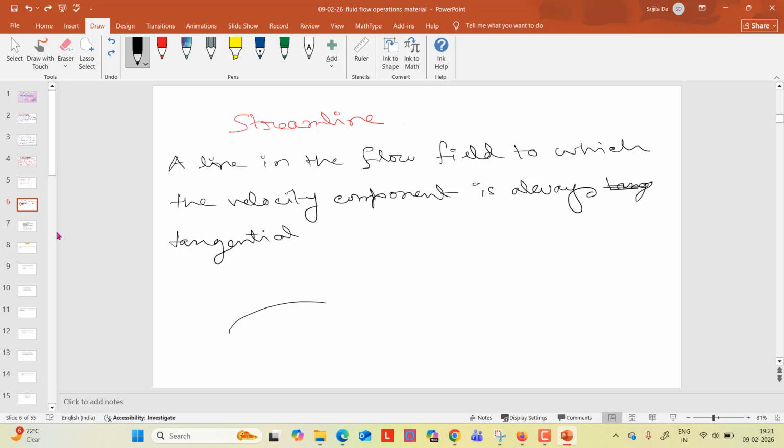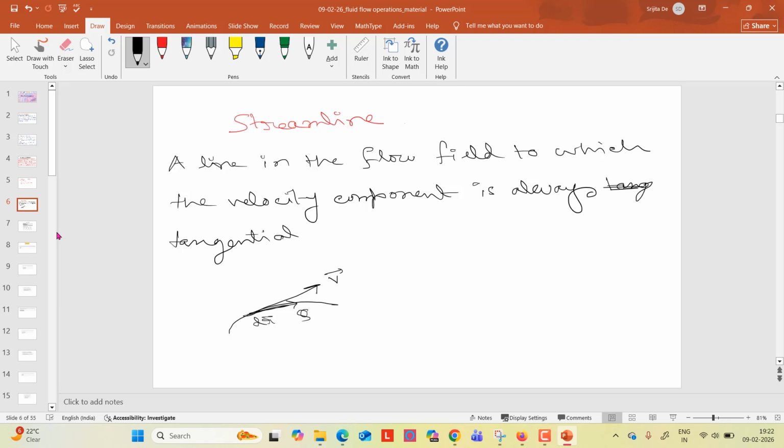Okay, so suppose this is a velocity path. Here you can see, suppose this is a velocity going, q. This has a unit vector dr, and its local velocity component is in the tangential direction.